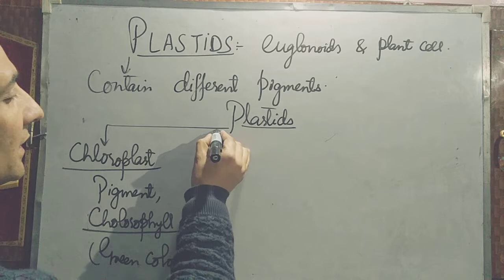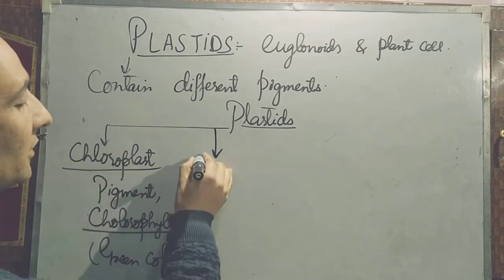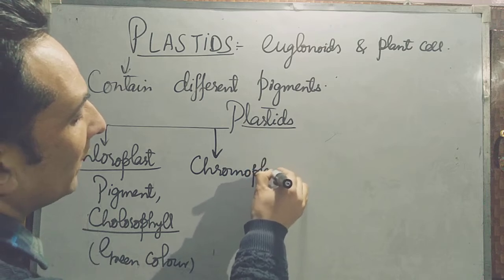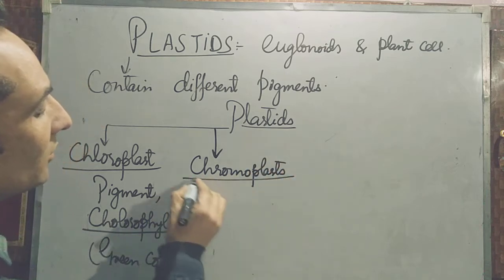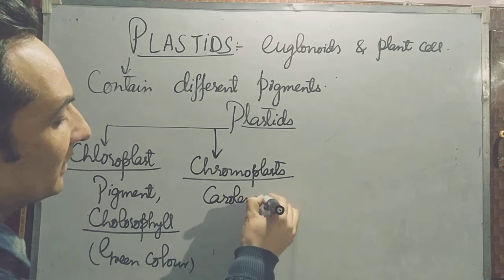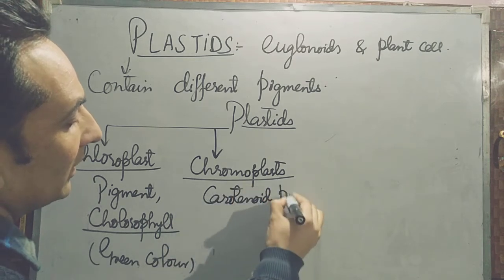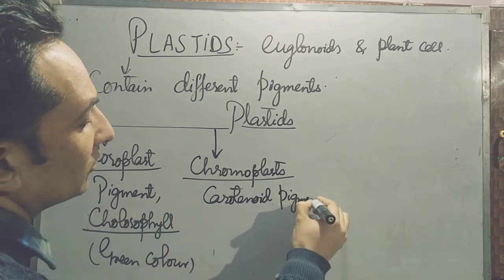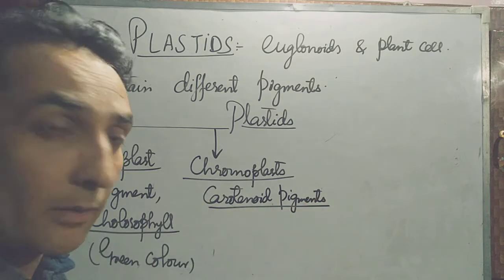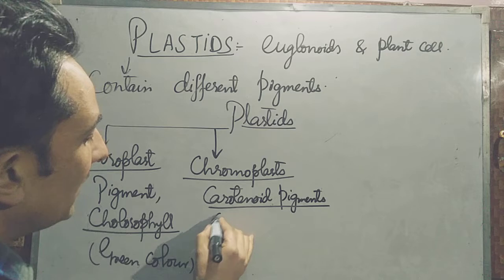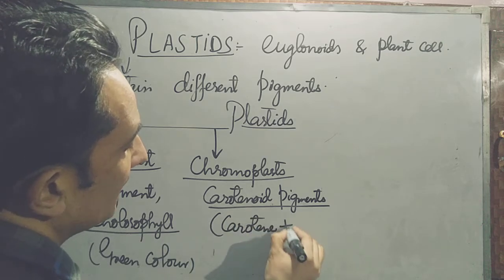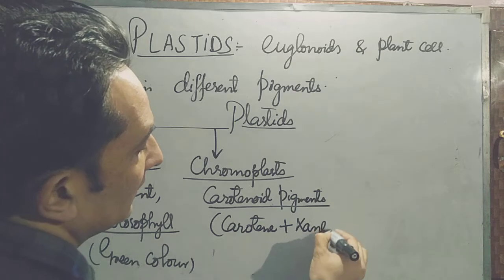Then there's another category of plastids which we call chromoplasts. These chromoplasts contain pigments known as carotenoid pigments, or carotenoids. They are fat soluble pigments. Examples are carotene and xanthophyll.